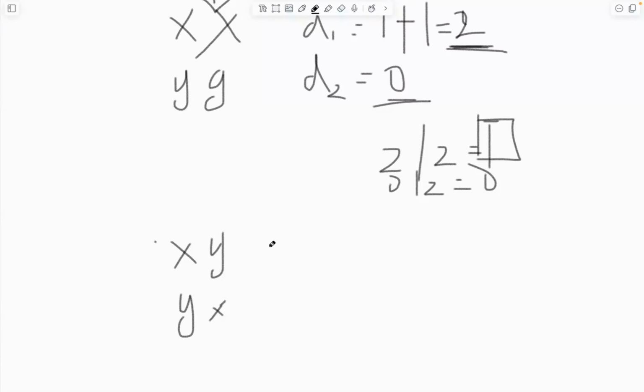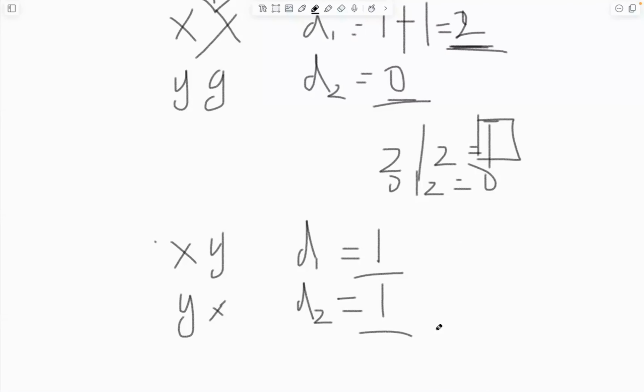Now let's see the second example. It's d1 and d2. Because the first pair is xy, we increment d1 by 1. Now the second pair is yx, so we need to increase d2 by 1. Now you can see both are odd. If both are odd, we need to swap two times to make the two strings equal.